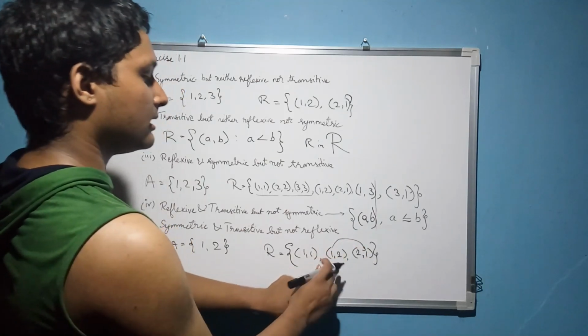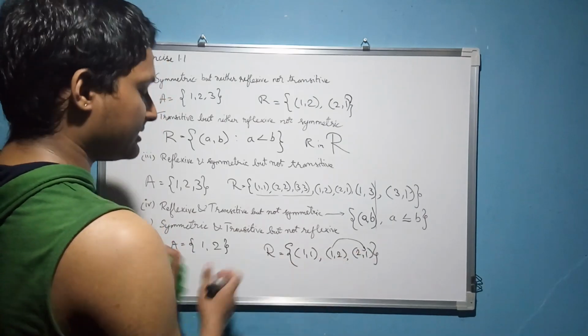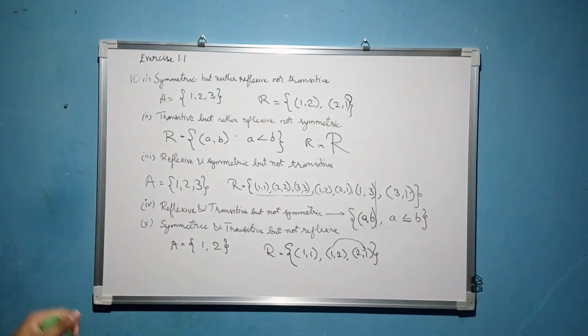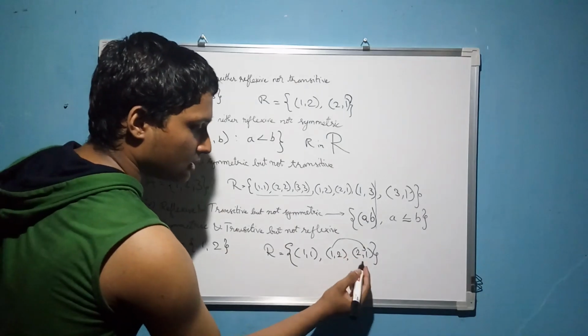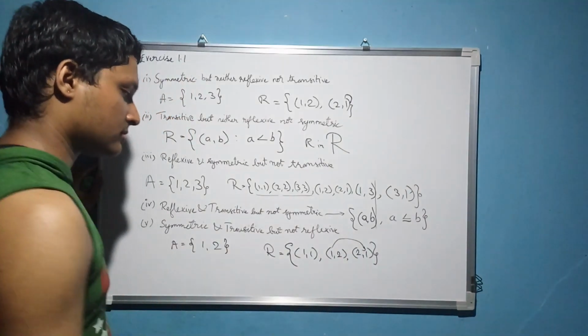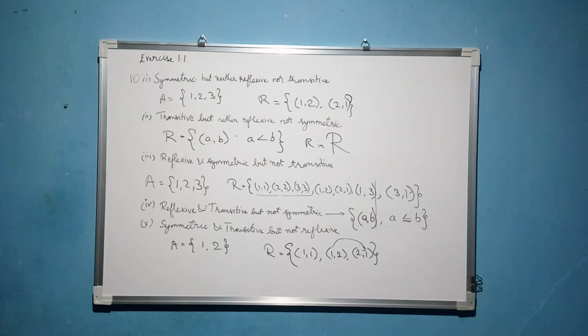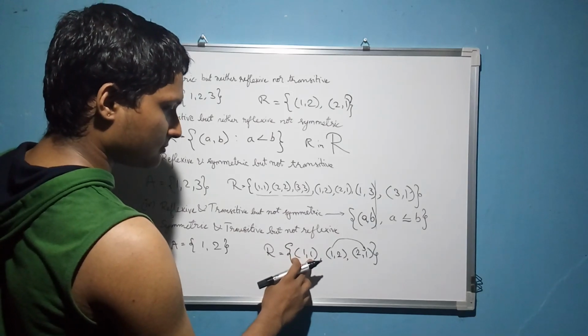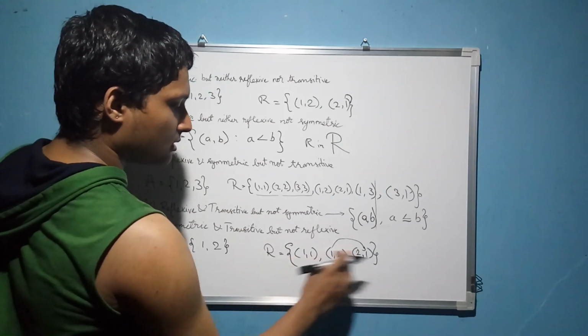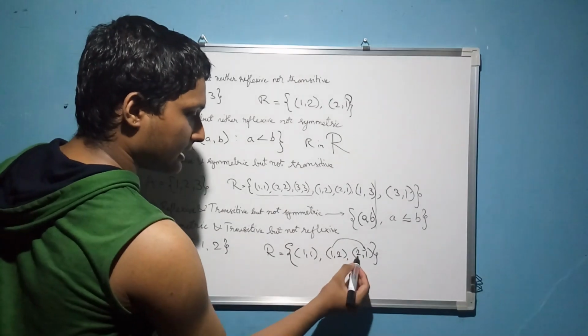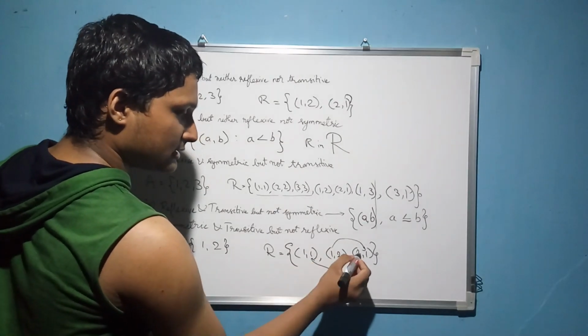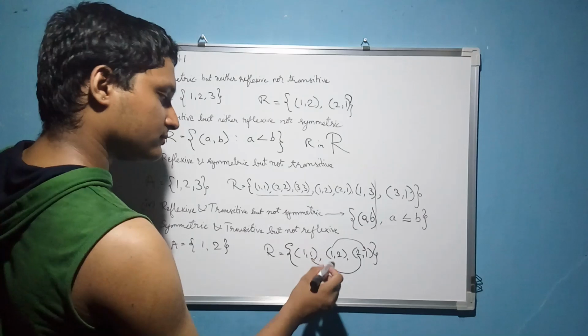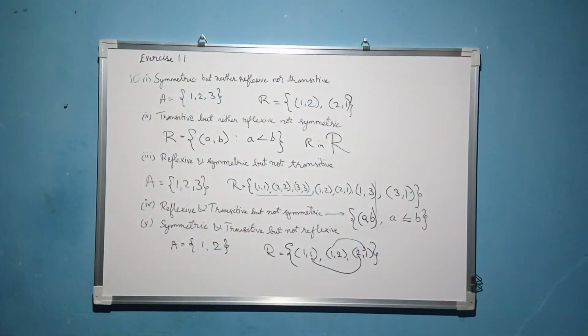Next, (2,1) is present and (1,1) is also present, so (2,1) is also present. That's it.